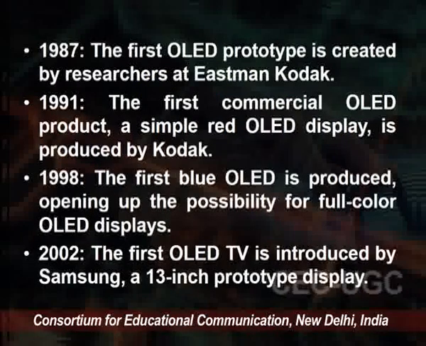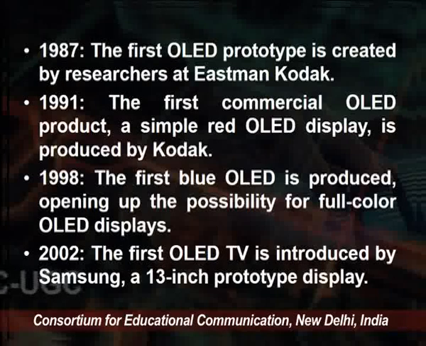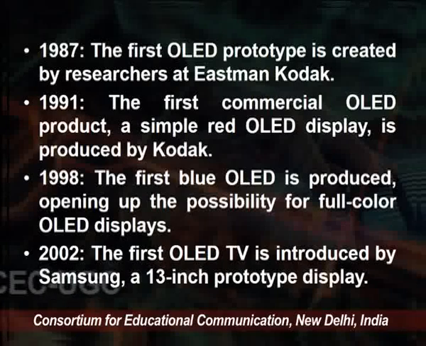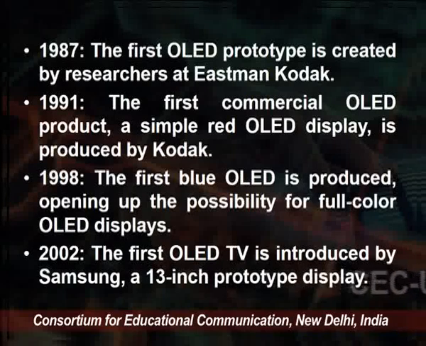We can see on the screen that in 1987 the first OLED prototype was created by Kodak researchers, and in 1991 the first commercial OLED product, a red color display, was produced by Kodak itself. In 1998 the first blue OLED was produced, opening up the possibility of full color OLED displays.